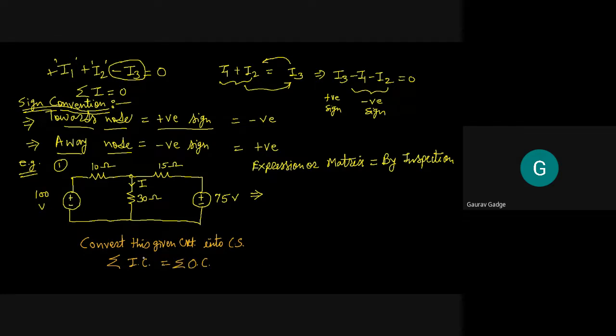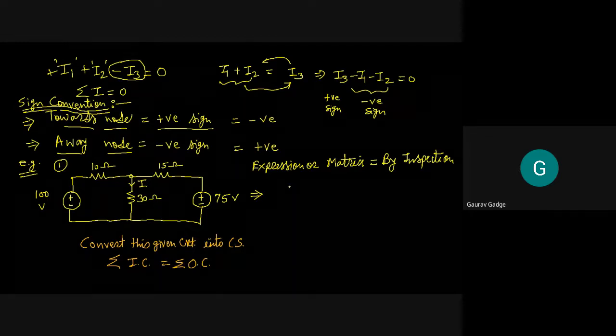So to write this expression, we have to convert all the voltage sources, whatever may be present in the circuit, into a current source. We'll see more and more examples related to that, so you don't worry. Presently, you just try to understand the concept, the process.